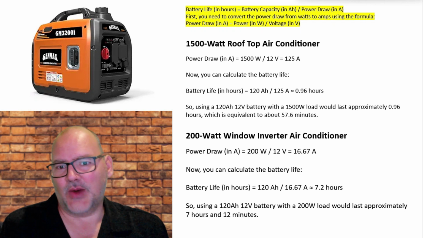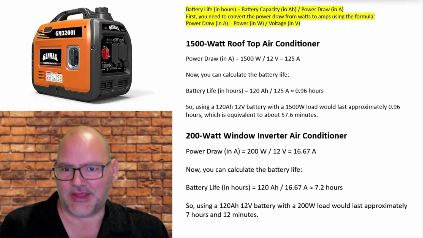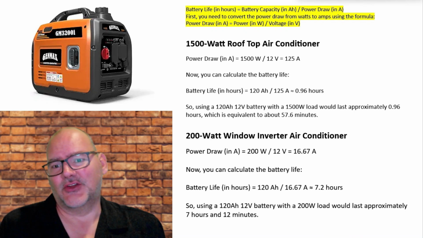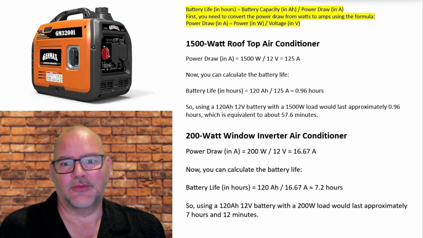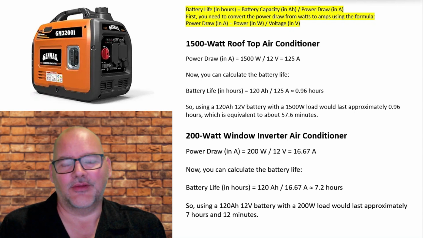Because a 1500 watt air conditioner actually takes about 2300 watts of power. So it's going to actually take that much, and then it'll kick down. But for that initial charge, it takes 2300 watts of power. So you need a 3000 watt generator for that type.